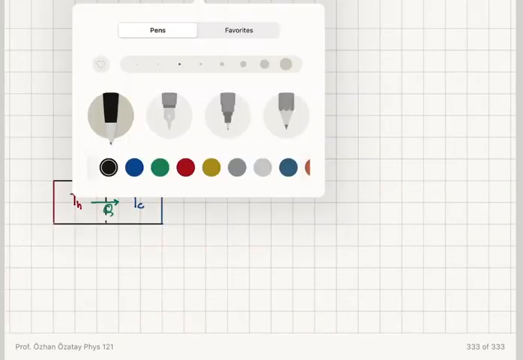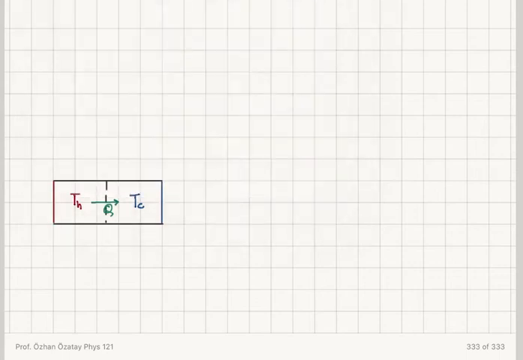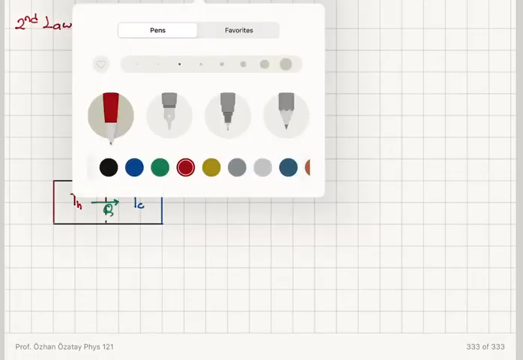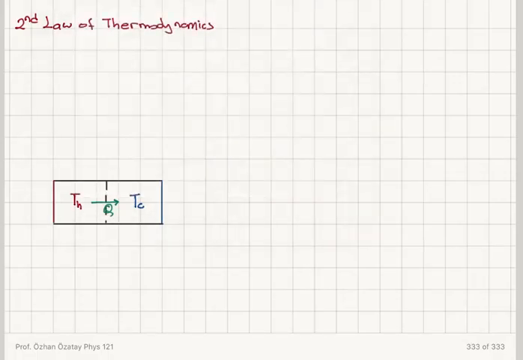So this is another statement of the second law of thermodynamics, and we can show that this statement is equivalent to the Clausius statement and the Kelvin-Planck statement.